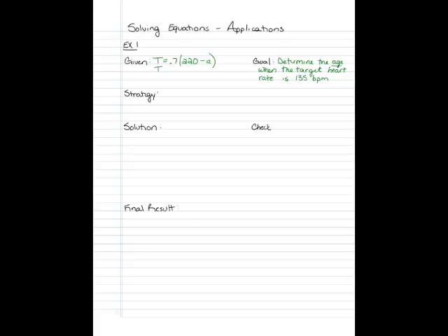So in this case, T is equal to the target heart rate in beats per minute. And A is the person's age in years.